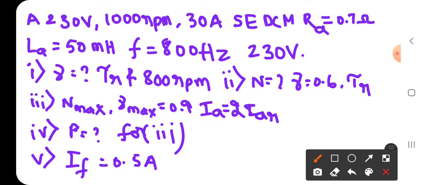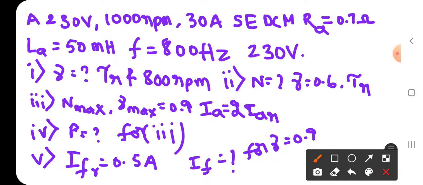Calculate the field current for the duty ratio of 0.9, motor speed of 1500 rpm and armature current of 30 amps.